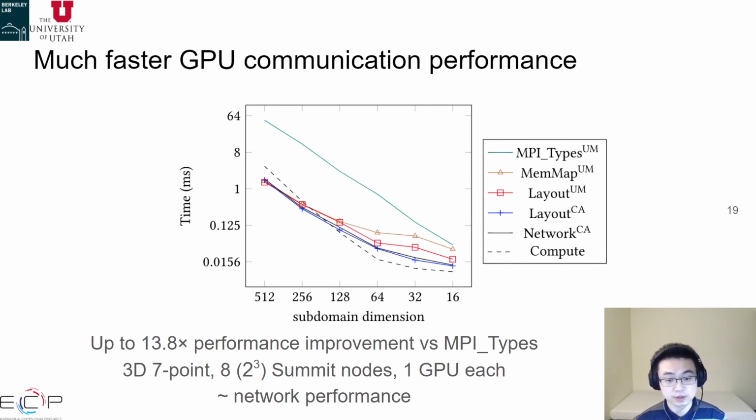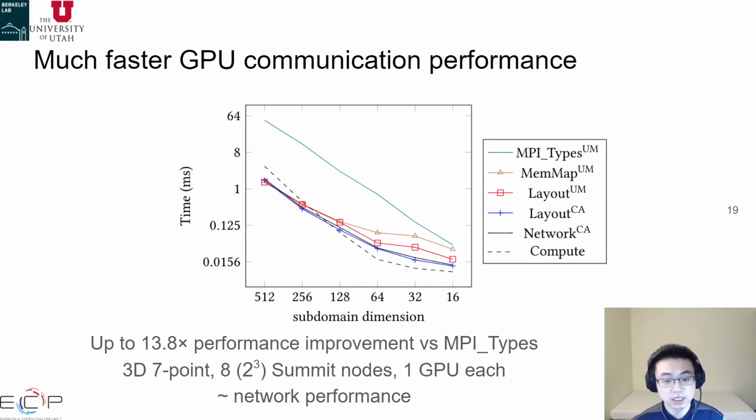This figure uses a similar setup as the experiment on the CPU, where we decompose a cubical domain into 8 cubical subdomains distributed across 8 Summit nodes. We only use one GPU on each of the Summit nodes so that the subdomain on each GPU is also cubical.